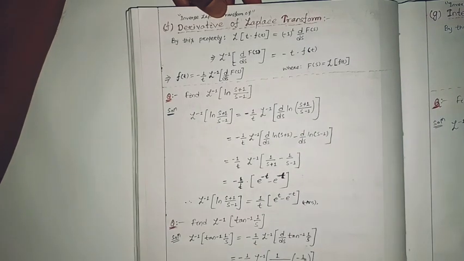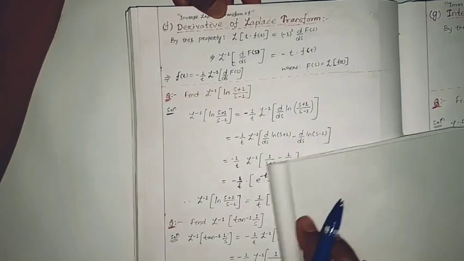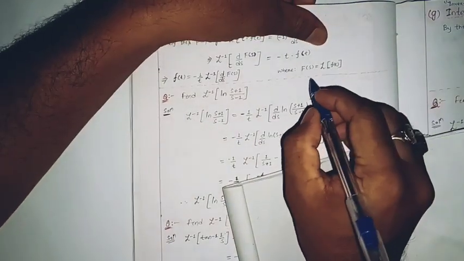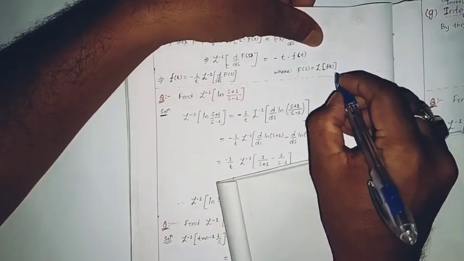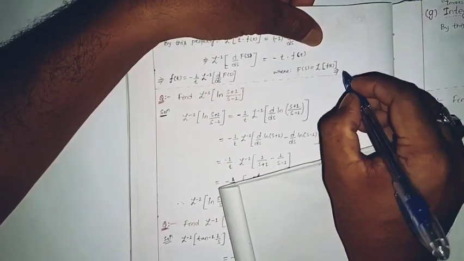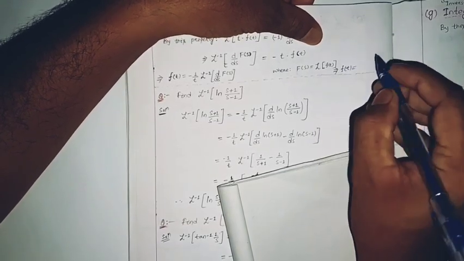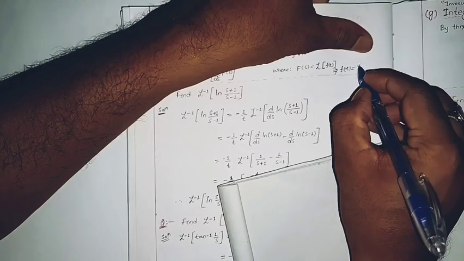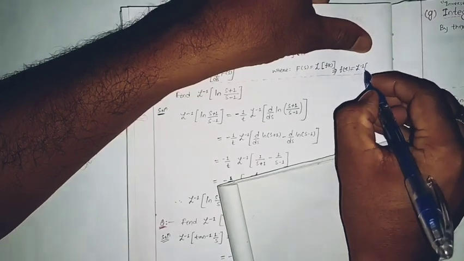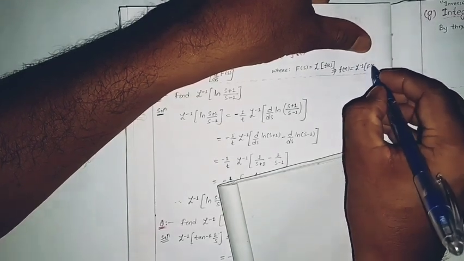Don't be confused, here I am going to explain how it is. Here I have to write one thing: f of t will be nothing but the inverse Laplace transform of capital F of s.